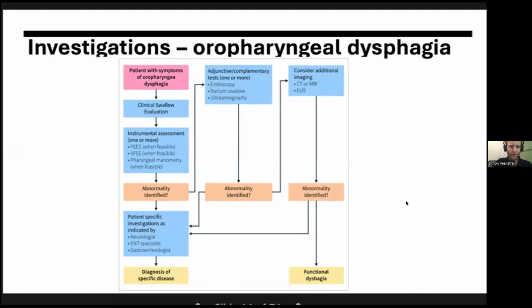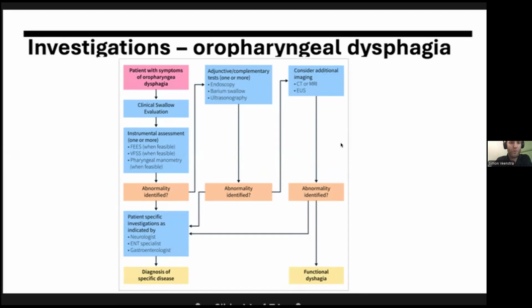Likewise, with oropharyngeal dysphagia, your first test of choice is going to be a clinical swallow evaluation, and then likely a video fluoroscopic swallow study with a speech therapist to identify abnormalities in that phase of swallowing. One may incorporate other specialists like neurologists or your ear, nose, and throat specialists.